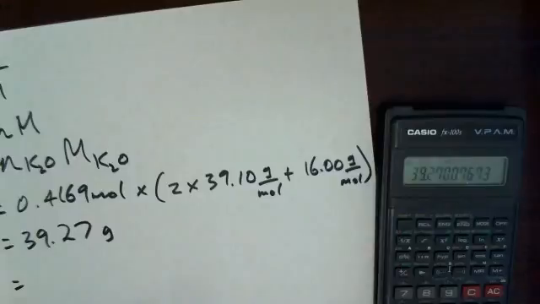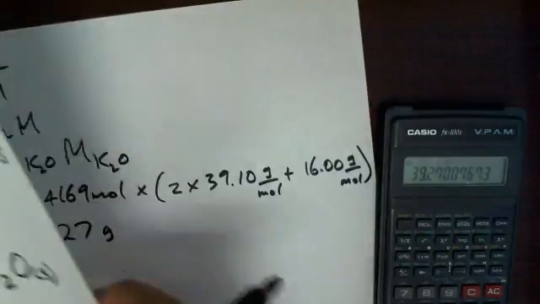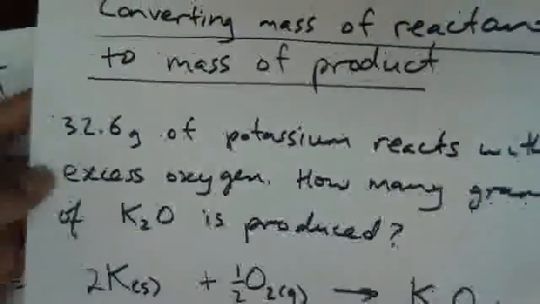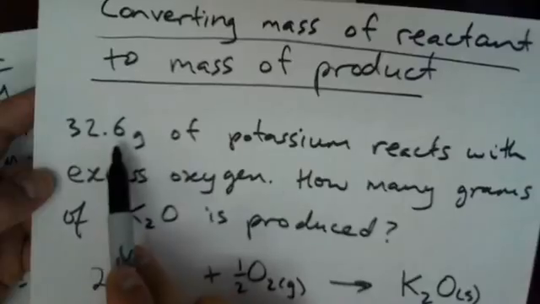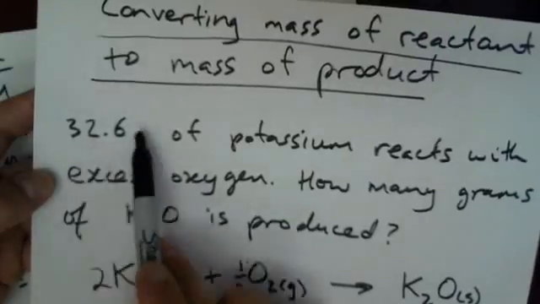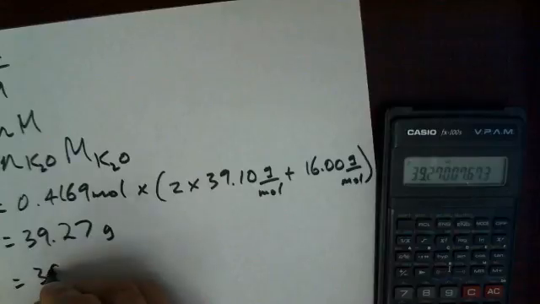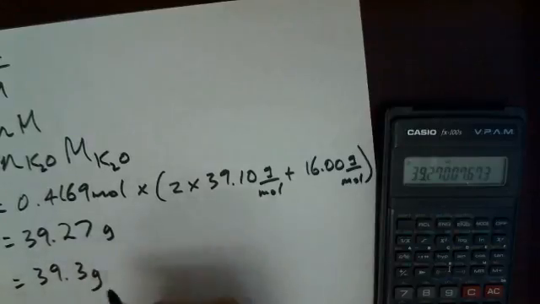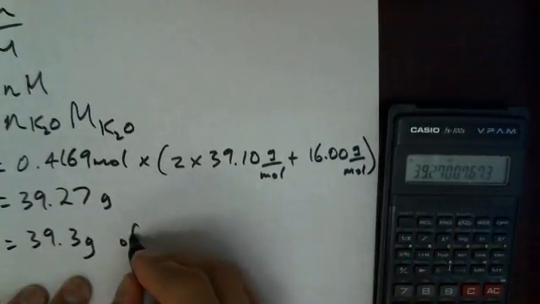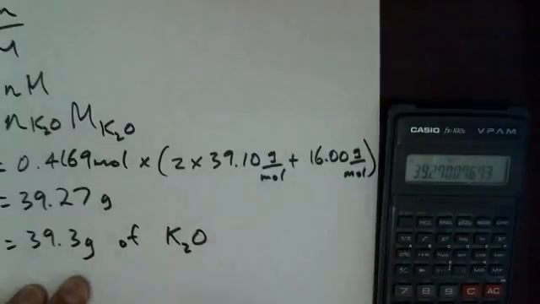But if I'm going to report it to the correct significant figures, I'll look at the original question, and I said it was 32.6 grams of potassium initially. That's 3 significant figures, so my final answer is actually going to be 39.3 grams of potassium oxide.